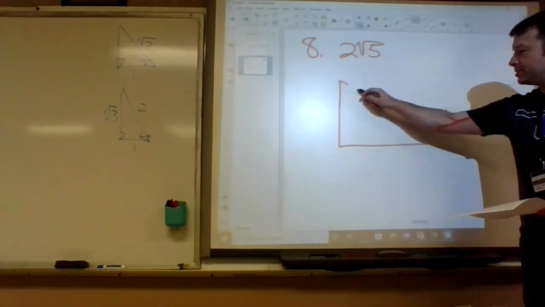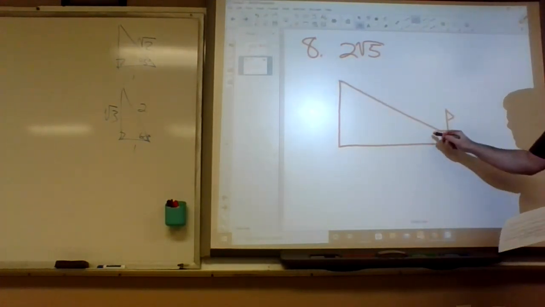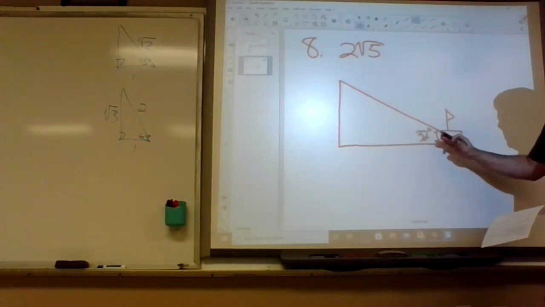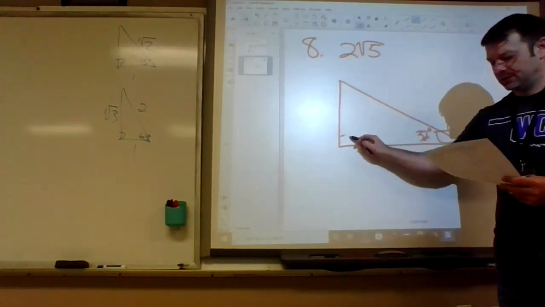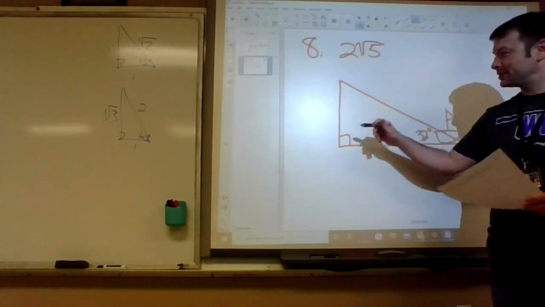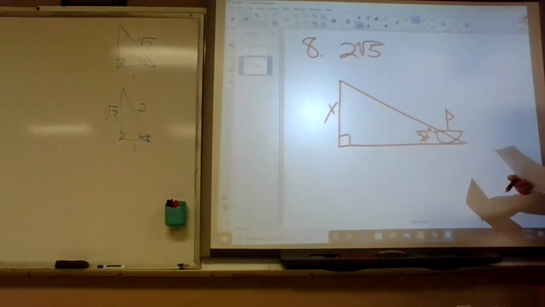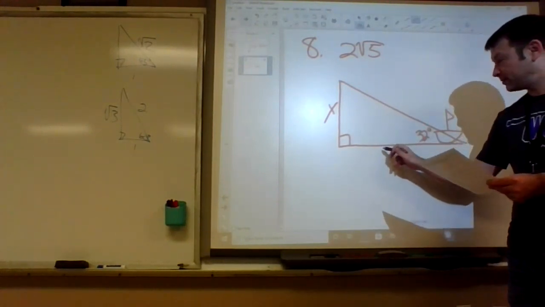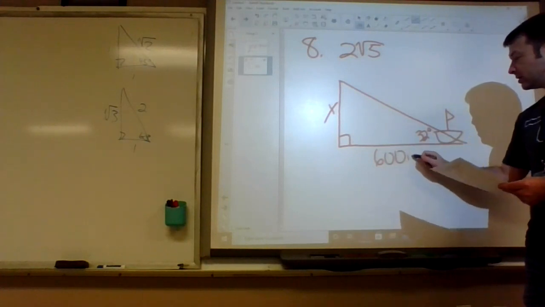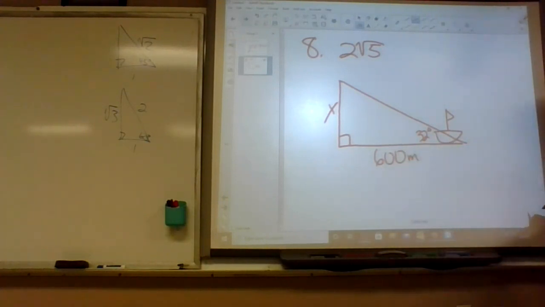Where am I going to put the 32 degrees? Yeah, elevation, instead of looking up, it's 32 degrees. What's it asking for? How high is the cliff? X. We need one more number. What did I skip? Oh, 600 meters from the cliff. The boat is. Okay.